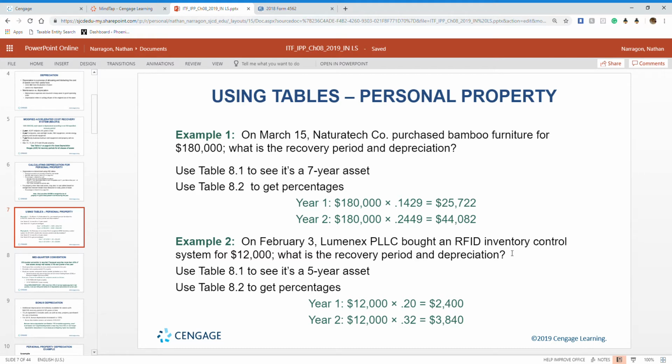And then right here, RFID inventory control system for 12,000. This is technically a 5-year one. This is basically small equipment, and it will take a 5-year asset. So really the hardest thing is knowing the life. Again, furniture tends to be 7 years. A lot of office equipment will be mostly dealing with a 5-year system.